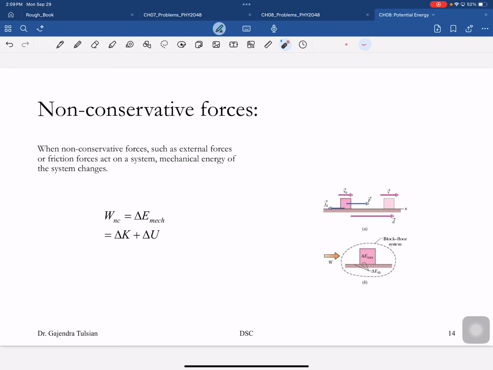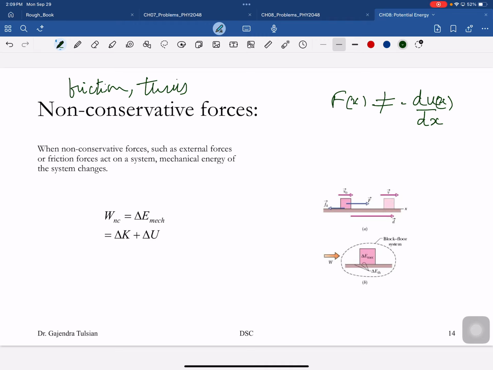Non-conservative forces. What's a non-conservative force? A force that cannot be written like so. What are the examples? Friction, thrust, you pushing on an object, and so on.